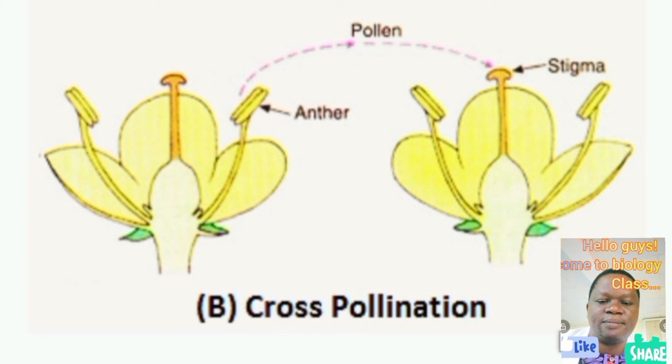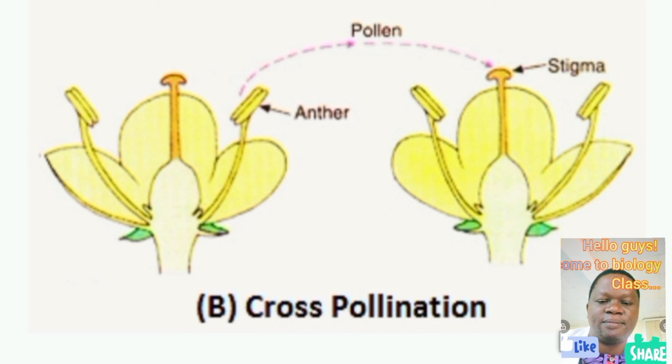Apart from that, the seeds produced as a result of cross-pollination are very good in vigor and vitality, and it is the only way by which unisexual plants can reproduce.